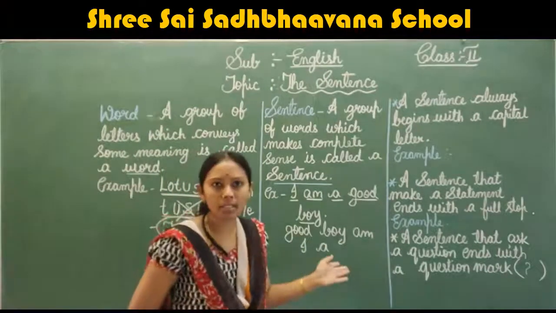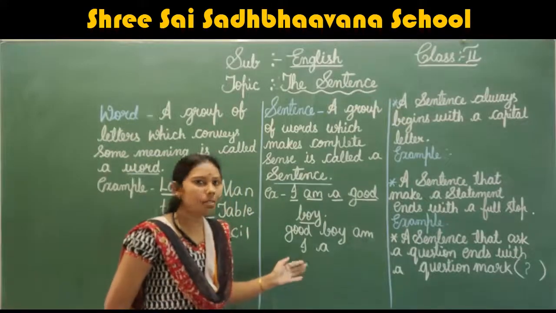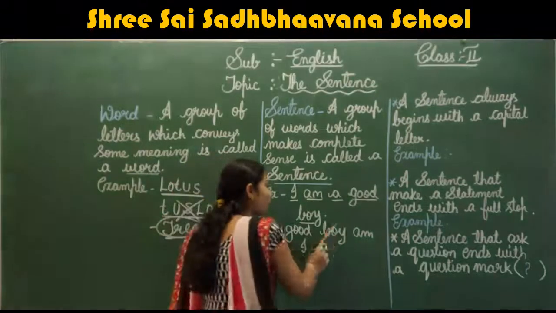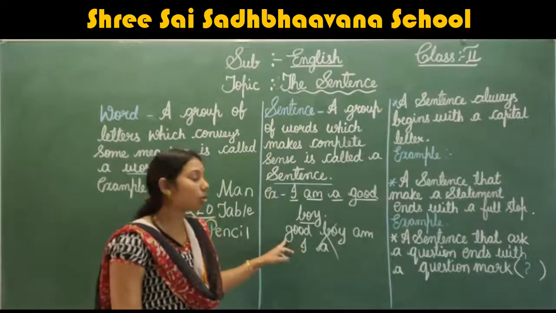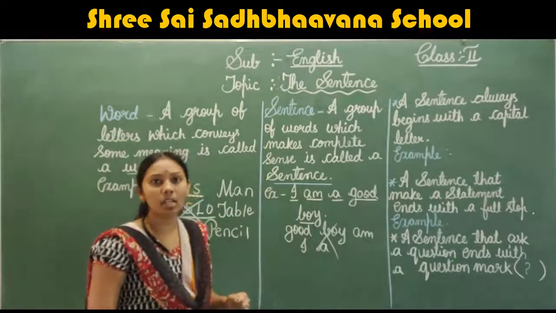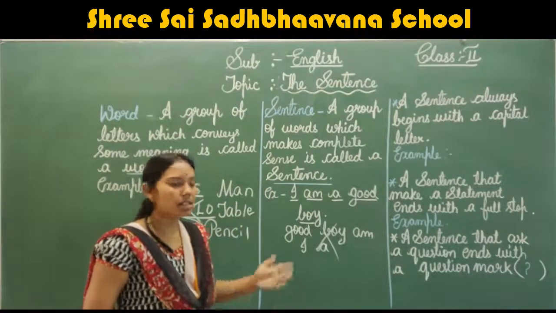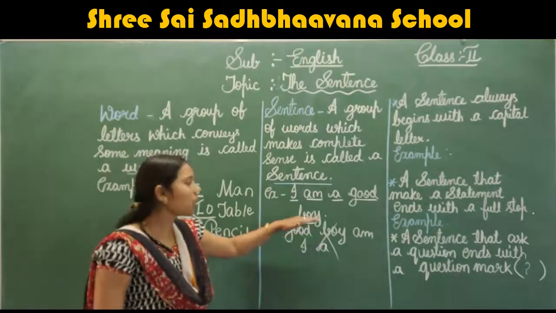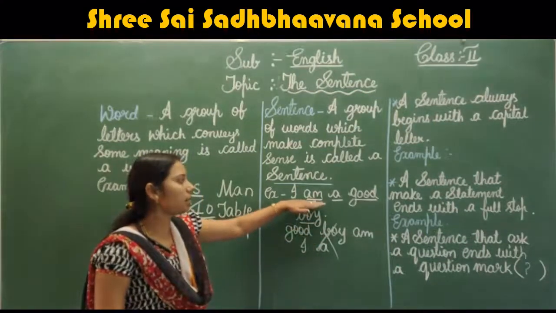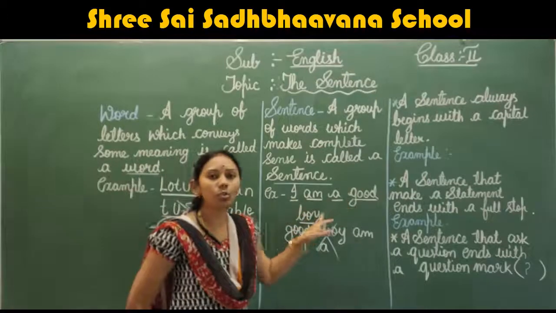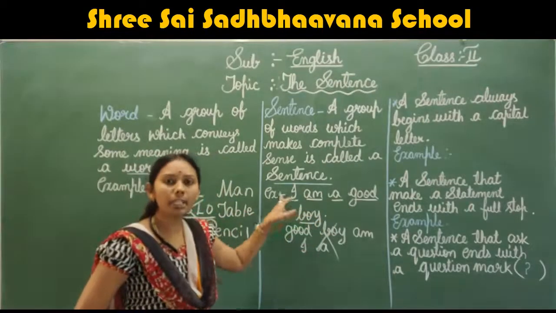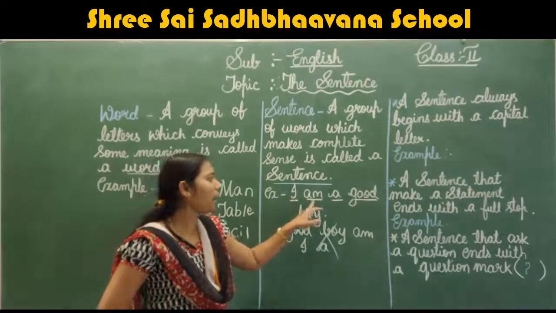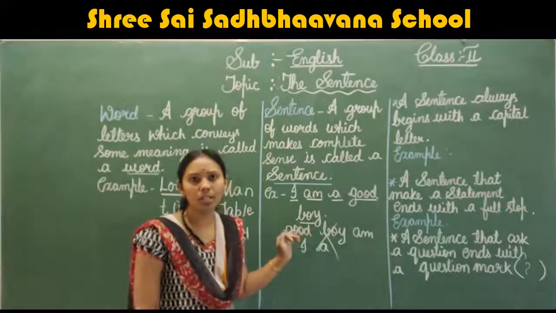Do you feel it is a sentence? No, it is not a proper sentence. It is not a meaningful sentence, we can say. There is no sense in this sentence. So the proper sentence will come like this: I am a good boy. The meaningful sentence. I am a good boy.